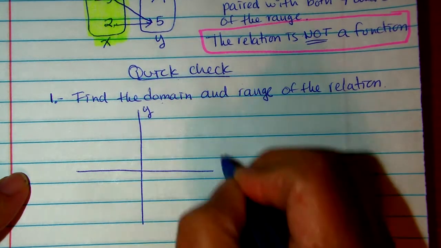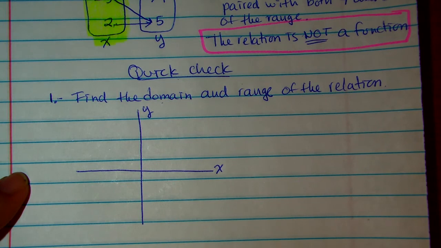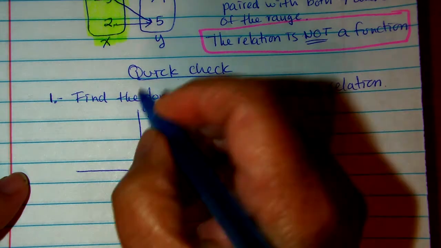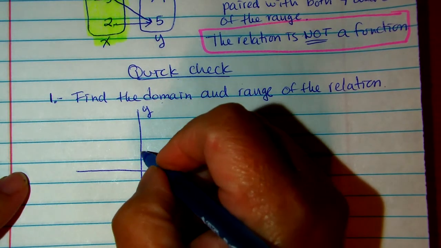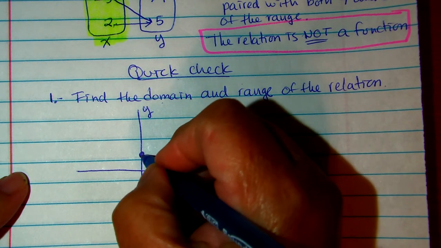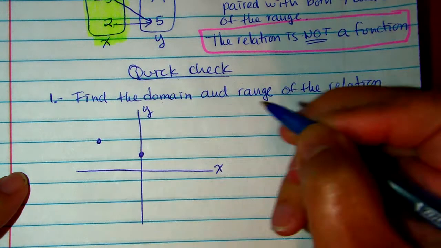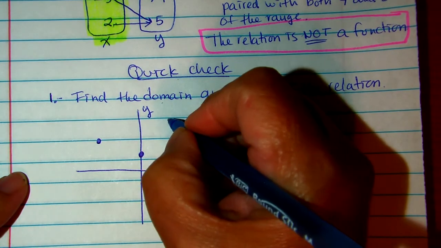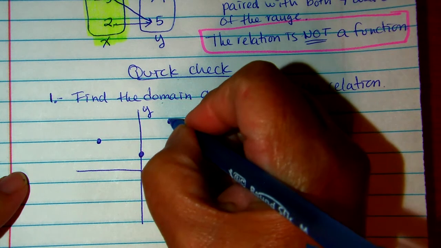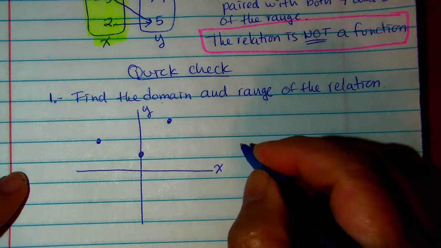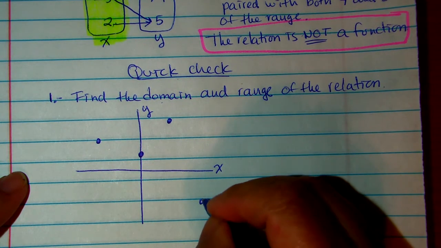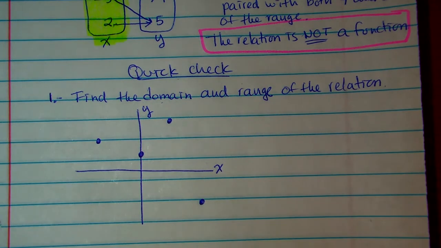This is your y-axis, this is your x-axis. And we have a point here. We have a point over here. And we have a point over here. And we have another one over here, okay?